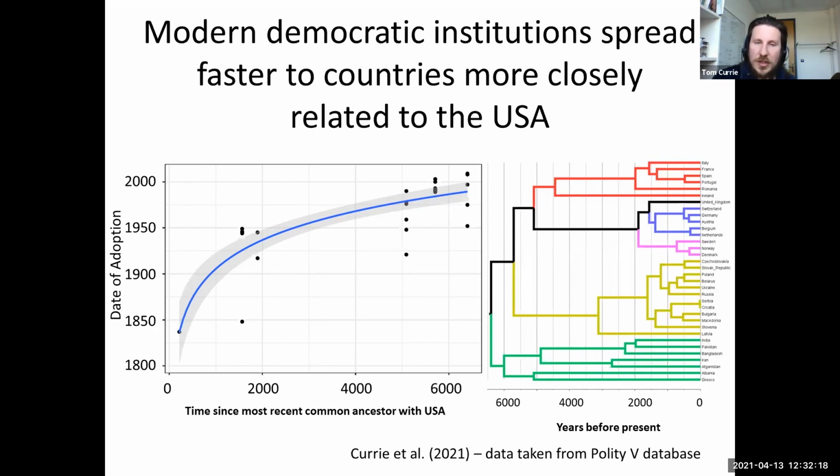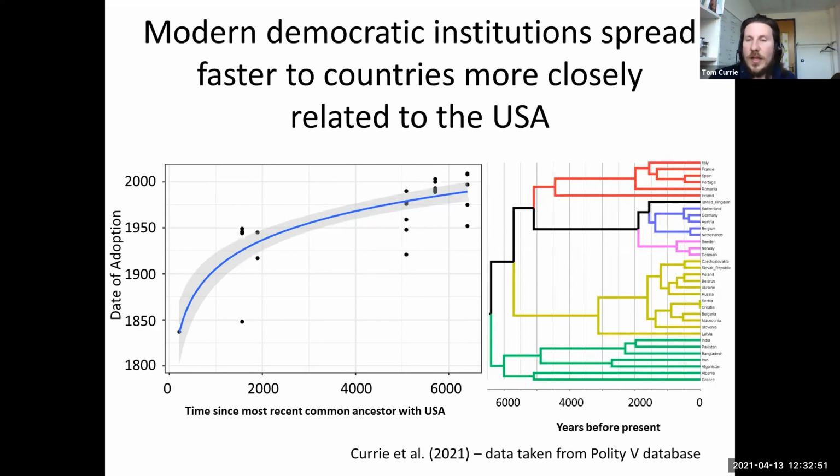So these dots on this graph represent the time of adoption, on the y-axis there. And this is the most recent adoption of democratic institutions. So some countries have gone back and forth between adopting democratic institutions and then becoming less democratic. So these are the last times when these things occurred.